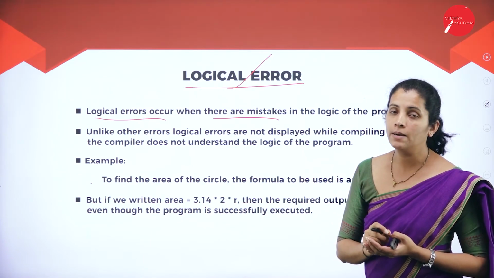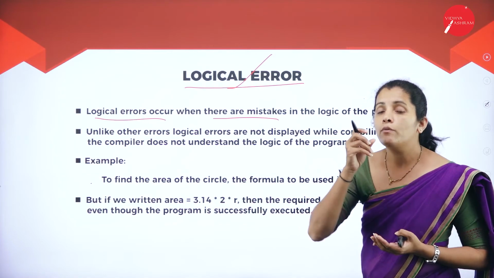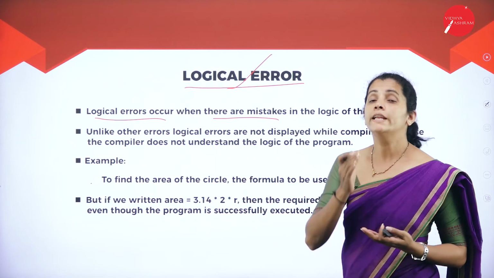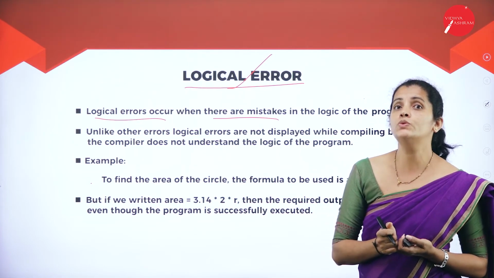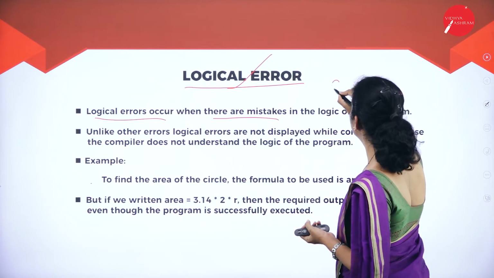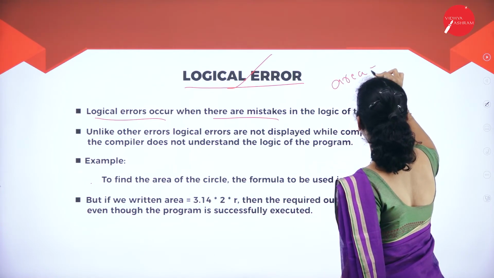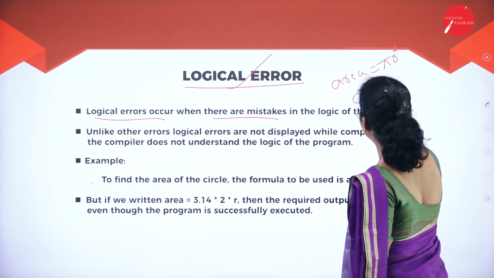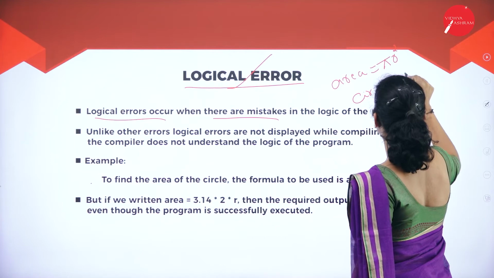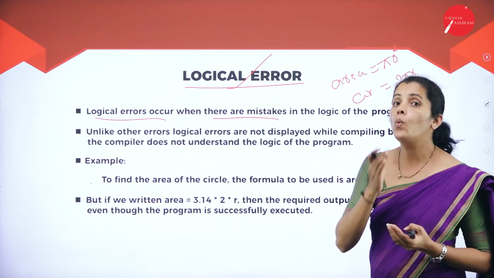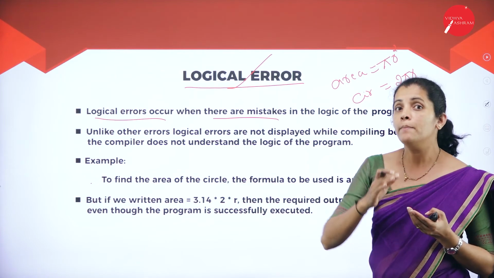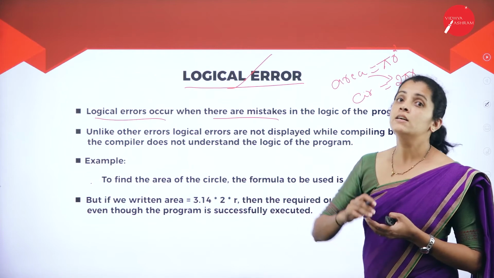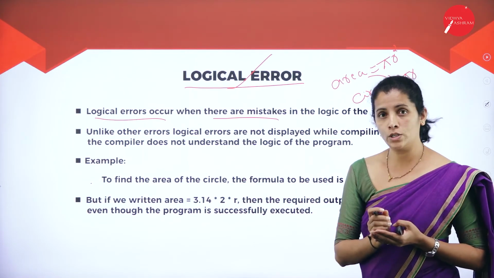Consider a simple example here. Think that I want to find the area as well as the circumference. Now tell me, what is the formula used to find the area? That is area equal to pi r square, and circumference here is 2 pi r. And while writing logic, if I interchange area to circumference and circumference to area, what's going to happen?